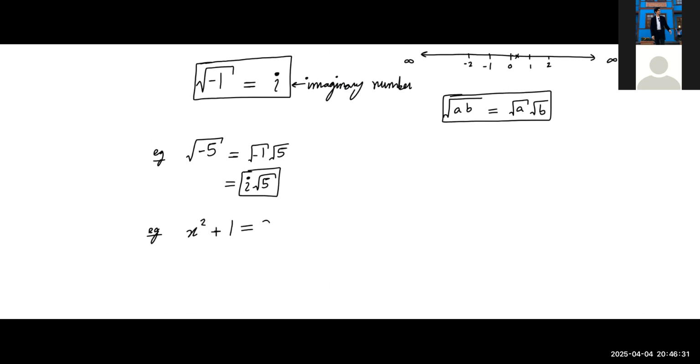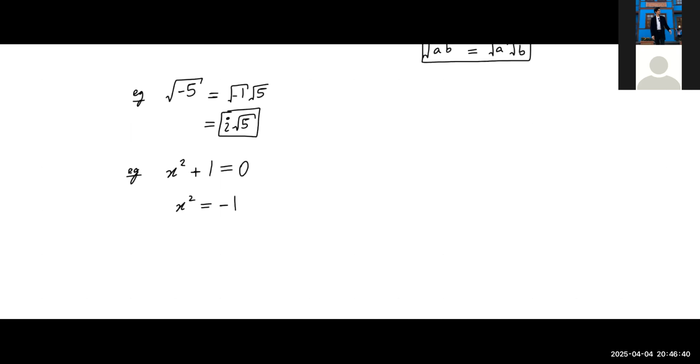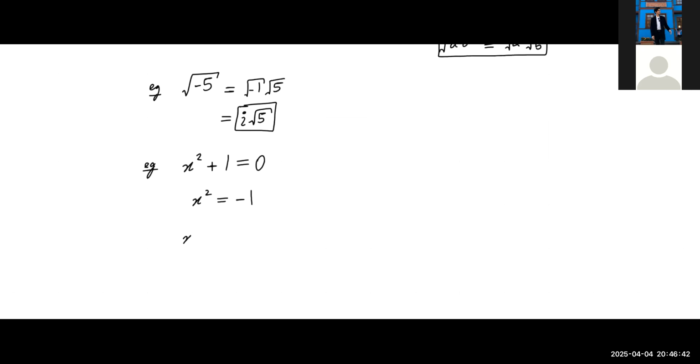Up until now, you've been told that this equation does not have any solutions because you can't square root it, since there's no real answer to this, right? However, you can square root it now because you've opened up a new field of math for yourself where the square root of -1 exists. So you get plus minus i as your answer. You get two imaginary numbers as your answer, like plus i and minus i.